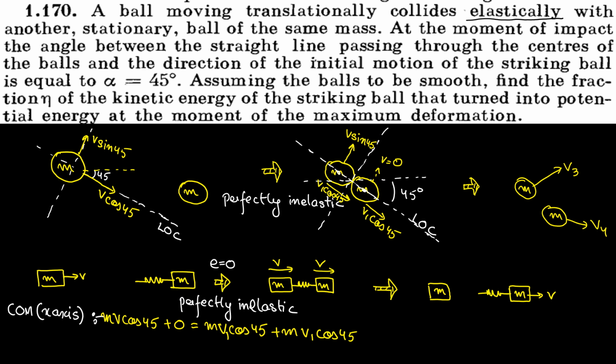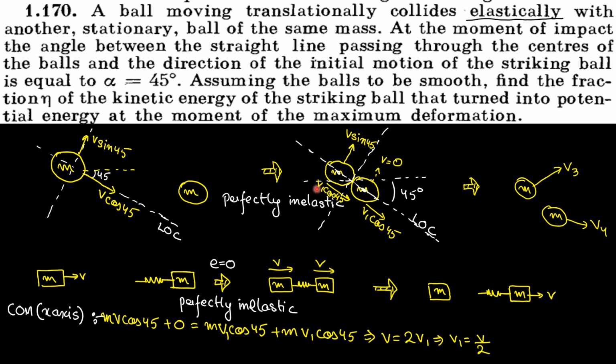So if I solve this equation, what would I get? When I simplify the x component of conservation of momentum, I can cancel out cos 45 and the mass, isn't it? So I would get v equals 2v1. So the velocity after collision, v1, is equal to v by 2.